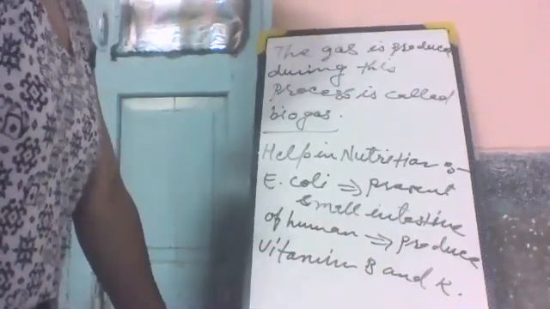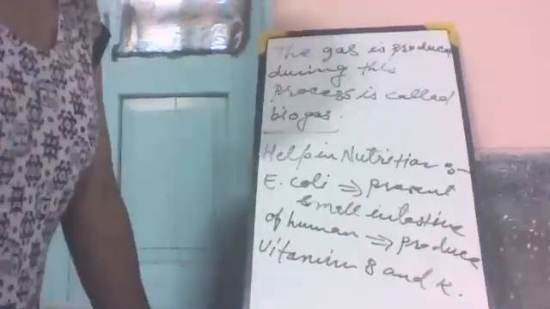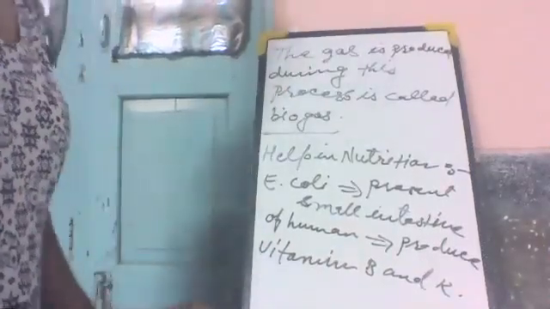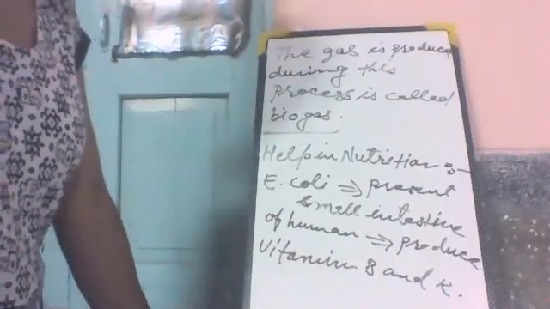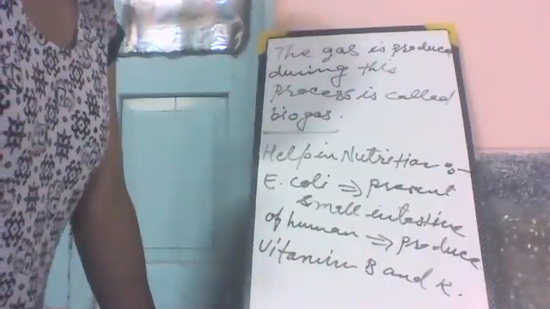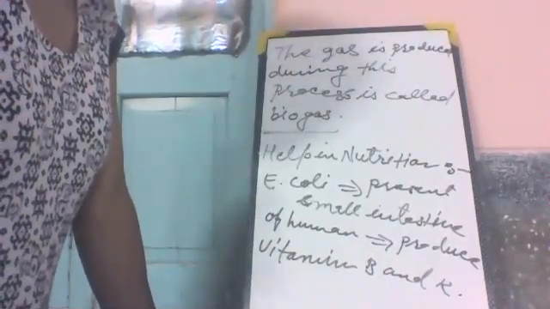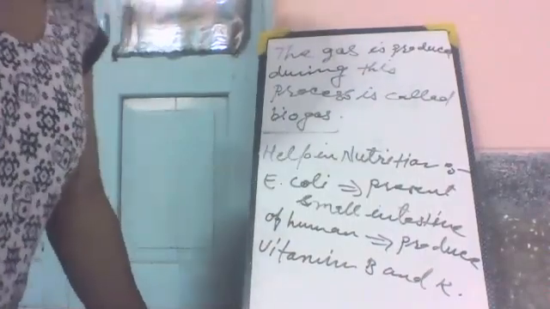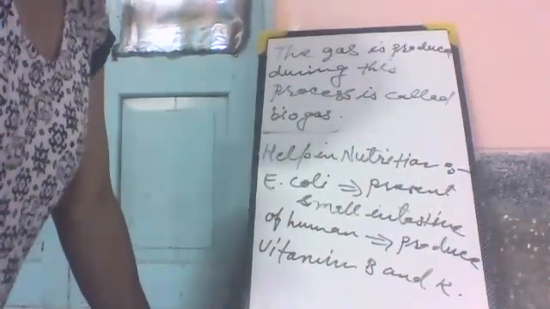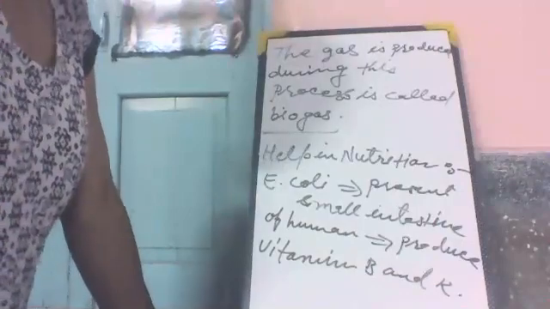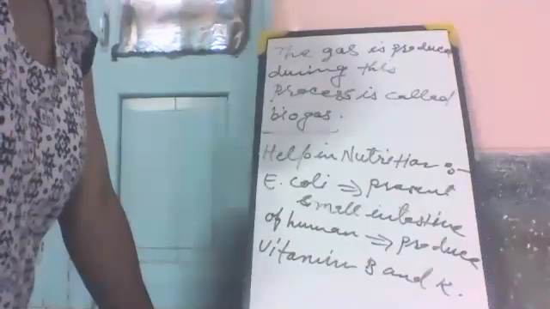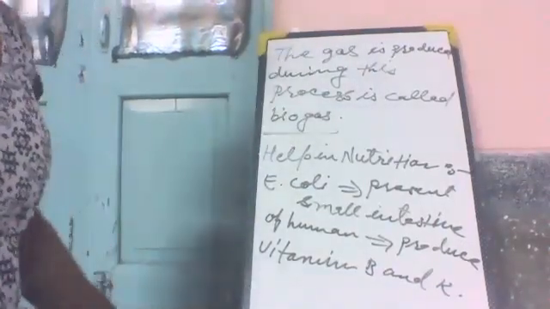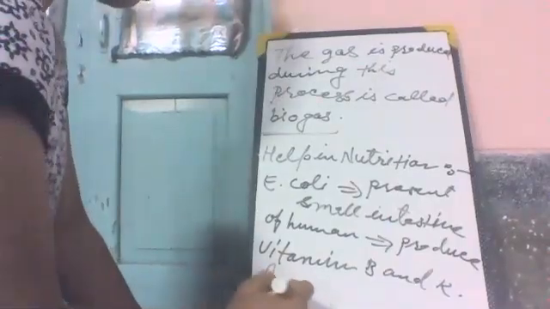In some animals there are bacteria present in the small intestine, and these bacteria help in digestion by aiding in the breakdown of complex cellulose into simple sugar in herbivorous animals.